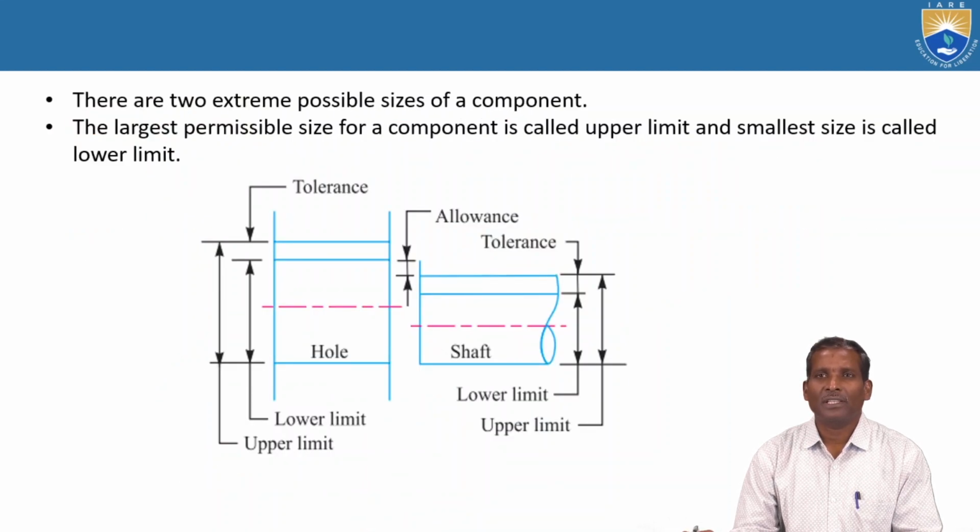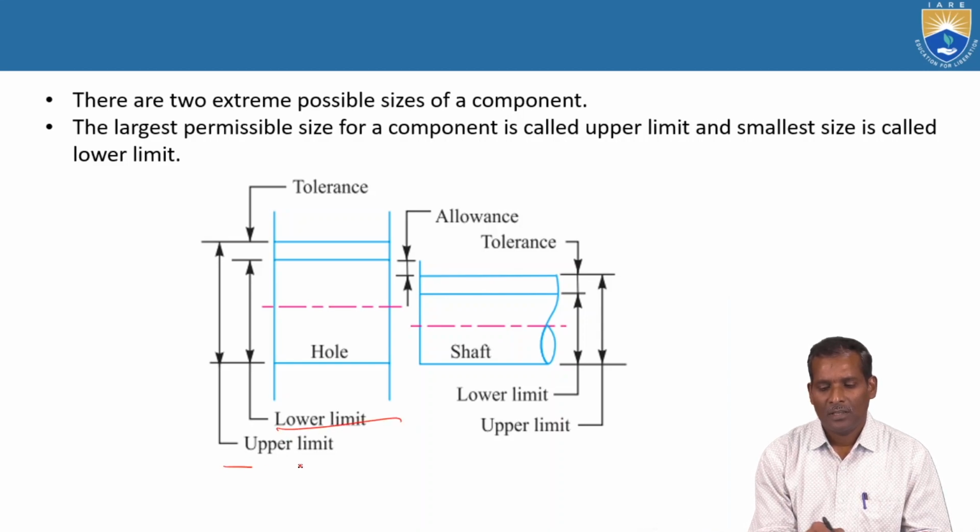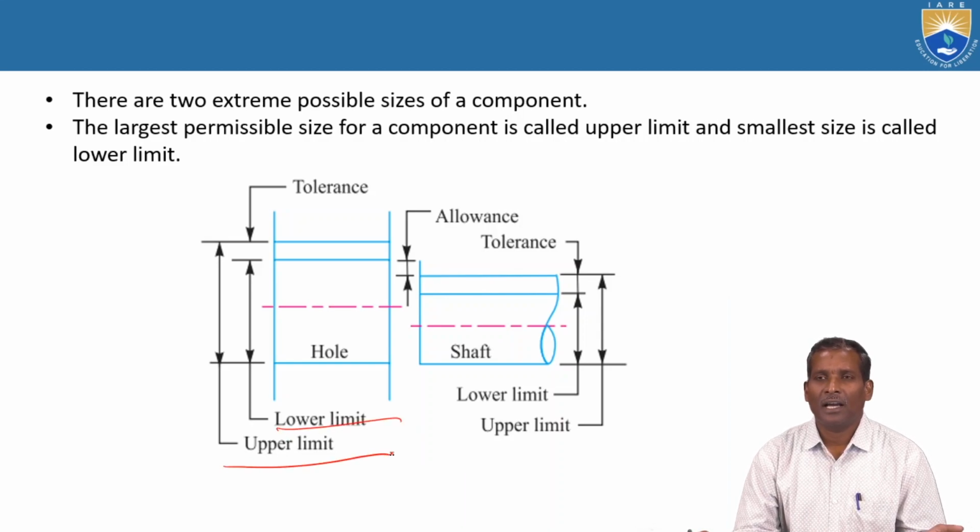There are two extreme possible sizes of the component. What are they? The upper limit and lower limit. The smallest size is called the lower limit, and the highest size is called the upper limit. I already told you in the previous slide that the difference between these two is called tolerance.